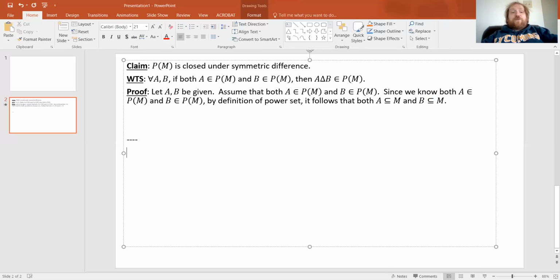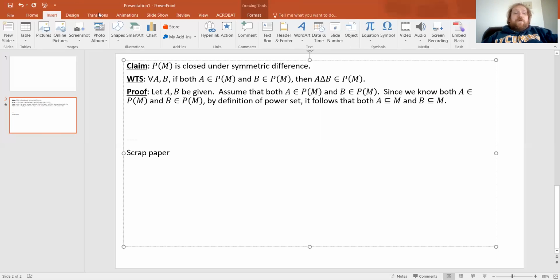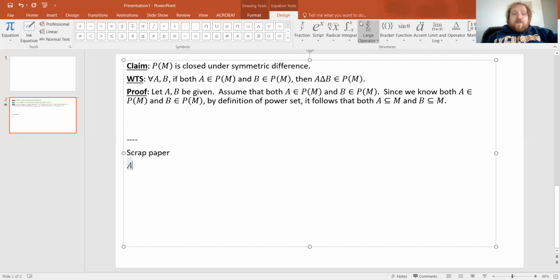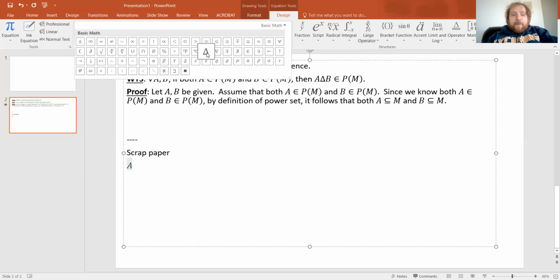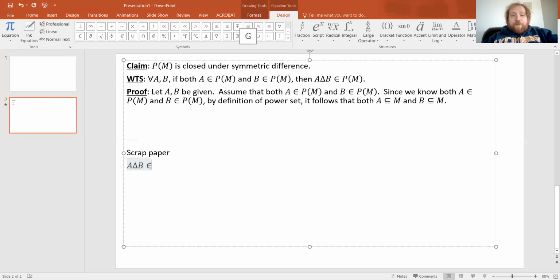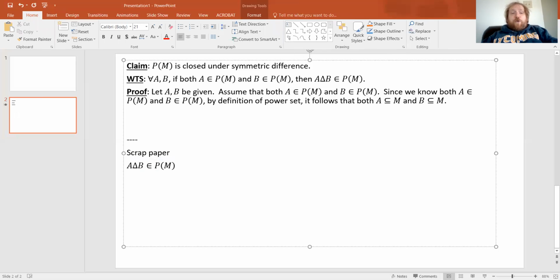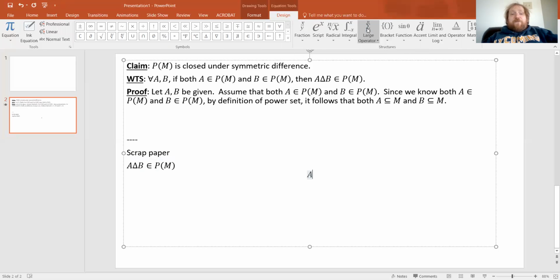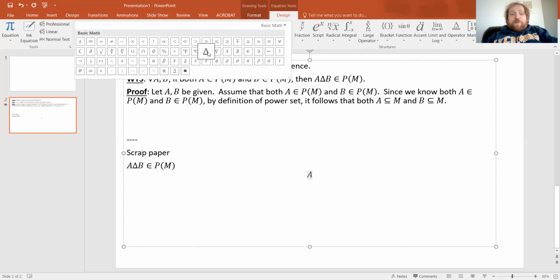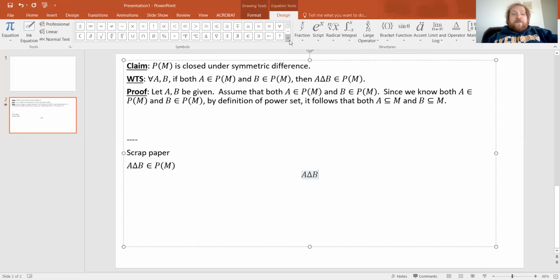So if I put some virtual scrap paper here, I want to end up showing that the symmetric difference of A and B is a member of the power set of M. This means that I want to show that the symmetric difference is a subset of M, because remember, once again, you are an element of the power set when you are a subset.